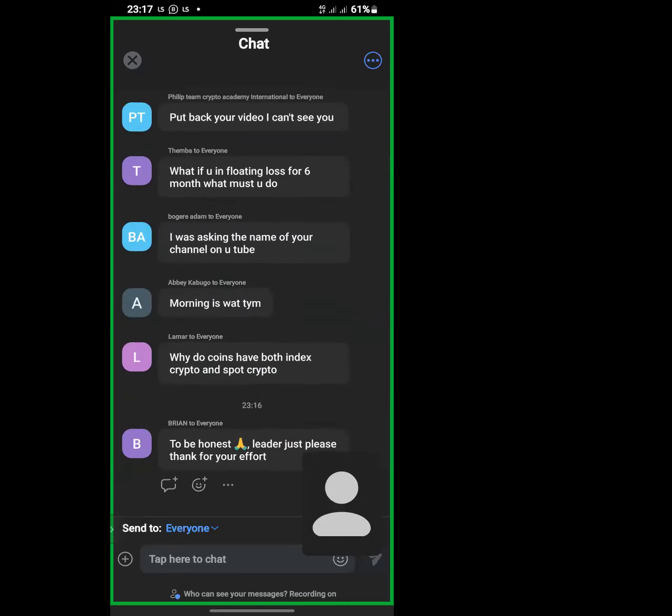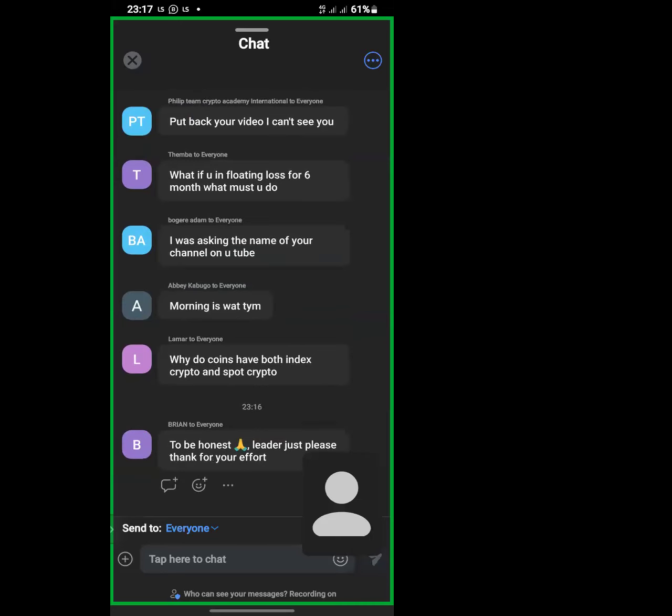Why do coins have both index crypto and spot crypto? Now, how can I explain this? We are concentrating on crypto, so the index one is not so important.